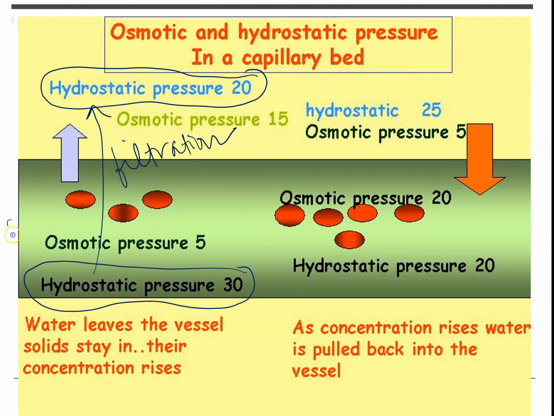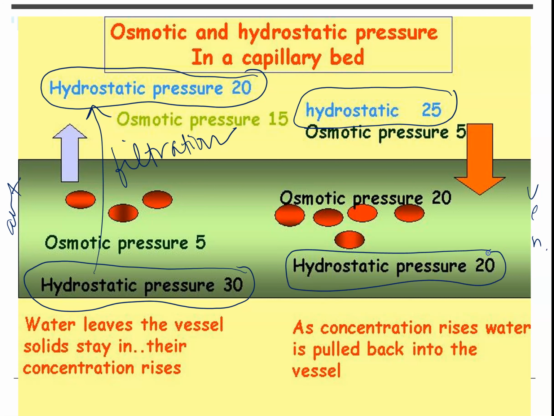And this is the artery end. And at the venule end, water leaves the vessel, solids stay in, their concentration rises. And so then over here on the venule end of the capillary bed, as the concentration rises, it's going to draw this water back in, because now we've got higher pressure on the outside compared to the inside.